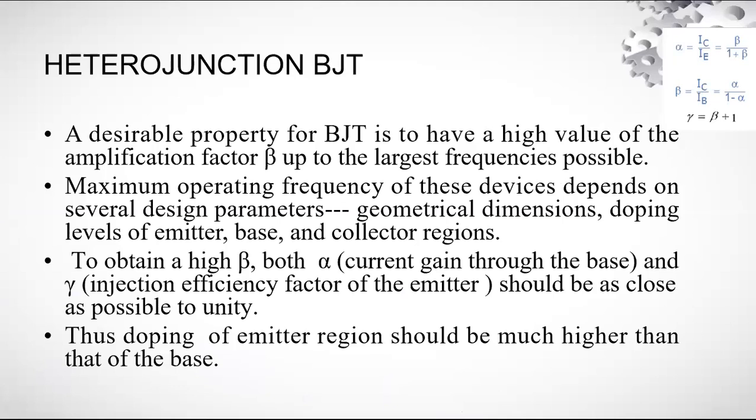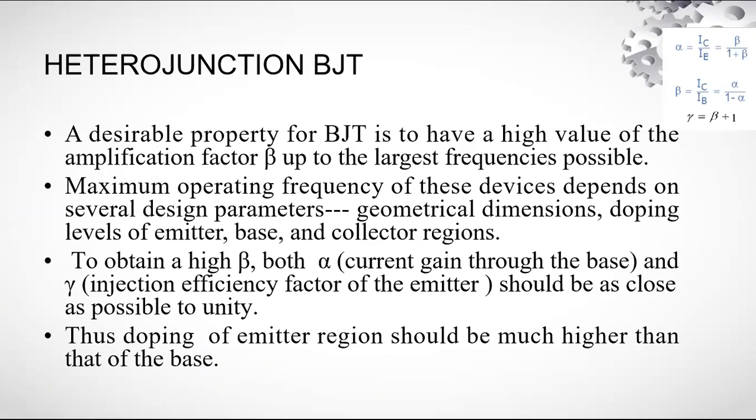So we all know that the normal application of a transistor is in switching and amplification. When transistors are used as amplifiers, a high value of beta will result in good amplification, right?